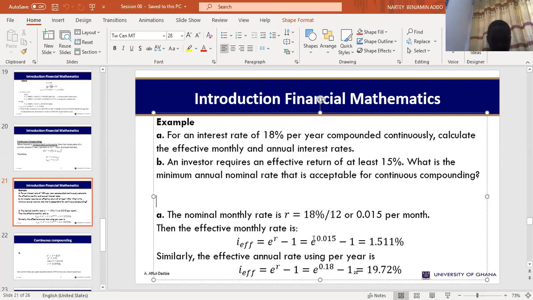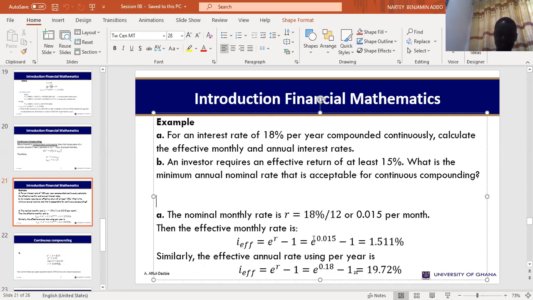But because the R is 0.015, you press e and then 0.015, right? And that will give you 1.01511. So when you less 1 from it, and then when you multiply by 100, you get 1.511%, right?